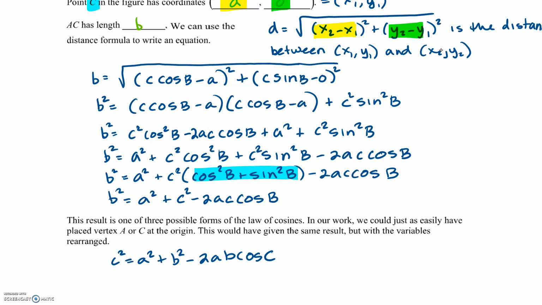And then if we did the other switch, put A at the vertex, you're going to get something like A squared equals B squared plus C squared minus 2AC cosine of A. Oops, there's a little mistake here. This should have been AB.